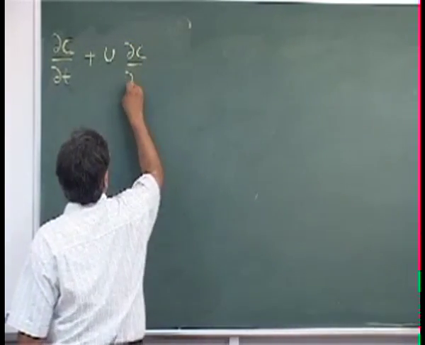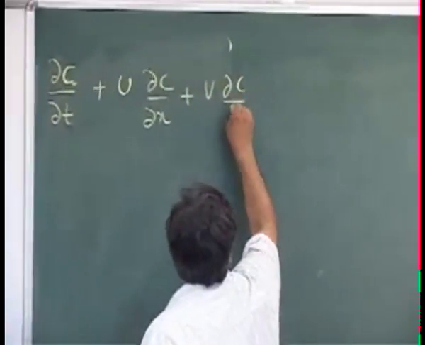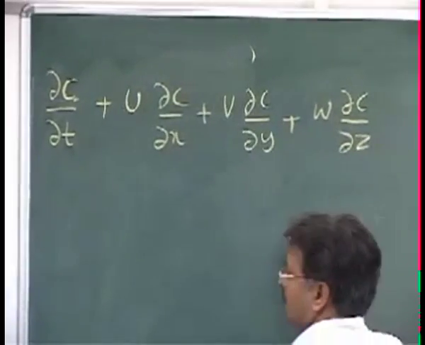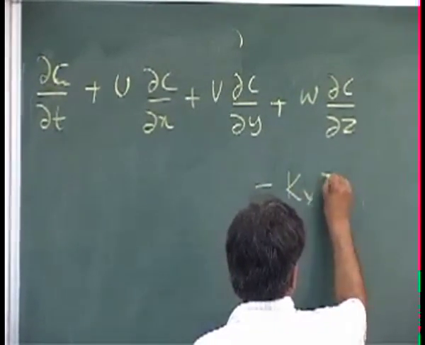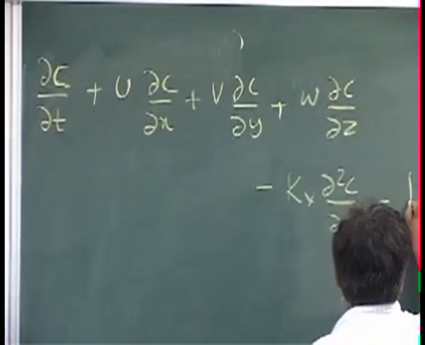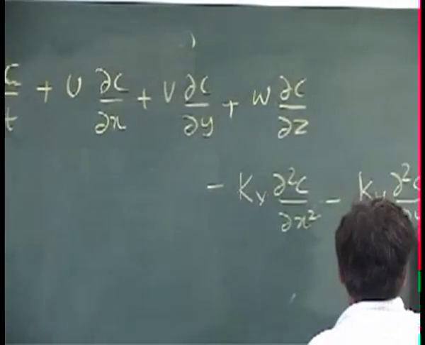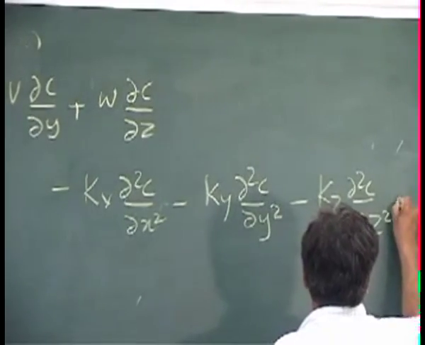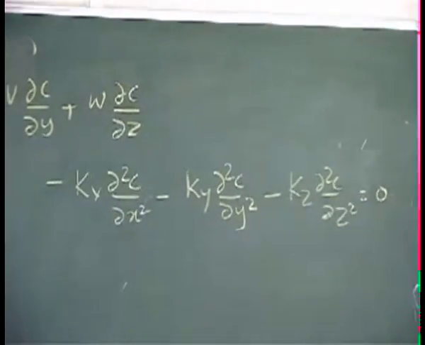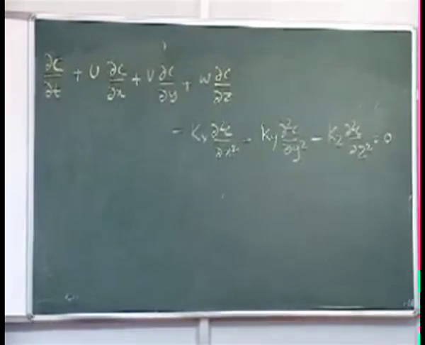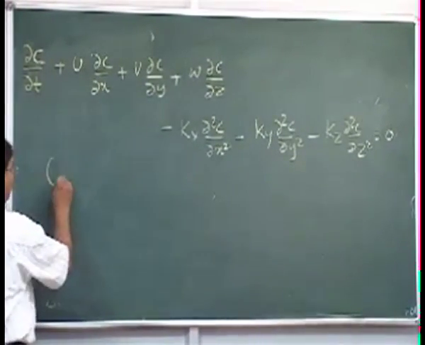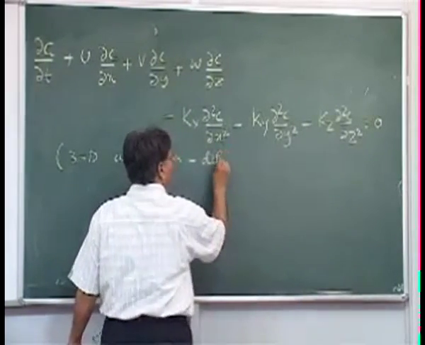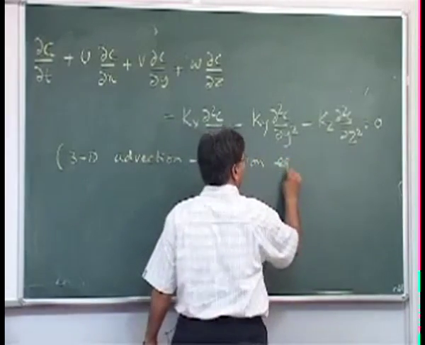So, minus kx del square c by del x square, minus ky del square c over del y square, minus kz, and this is our 3-dimensional advection diffusion equation.